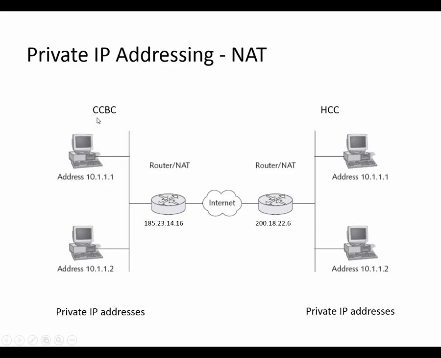Here's the example: the Community College of Baltimore County and Howard Community College. Within CCBC, we use the IP address range of 10.0.0.0. And within Howard Community College, they use the same range of IP addresses.